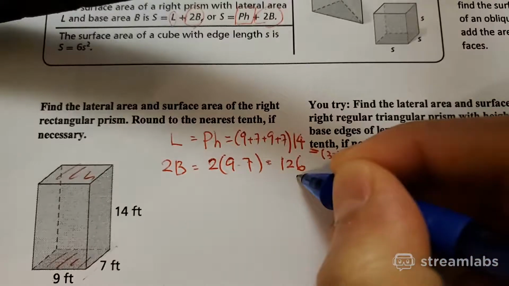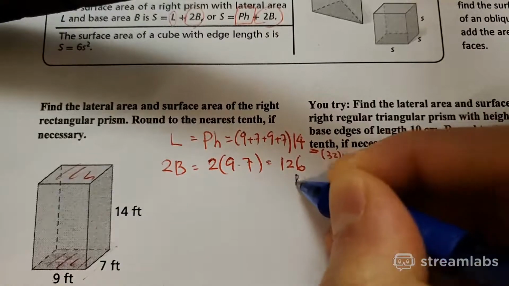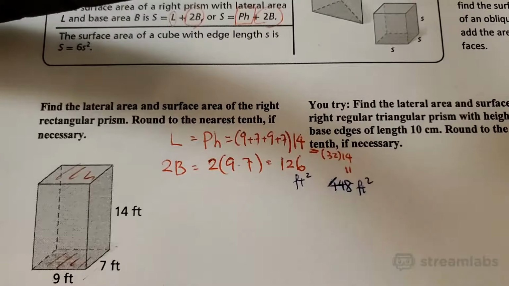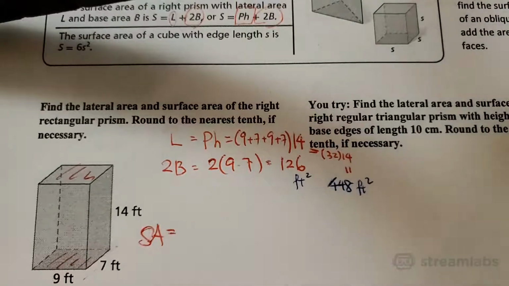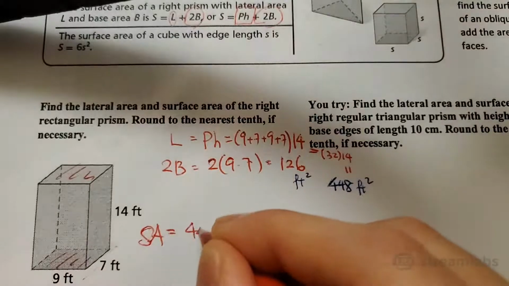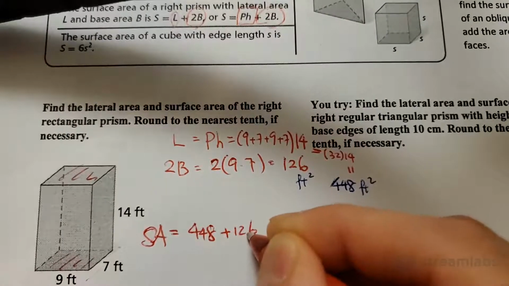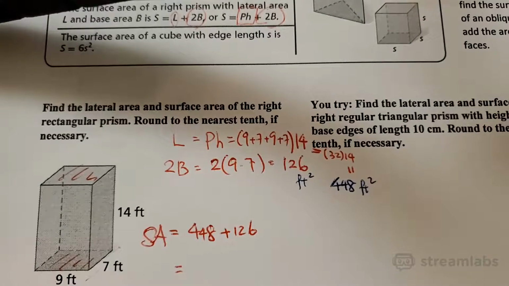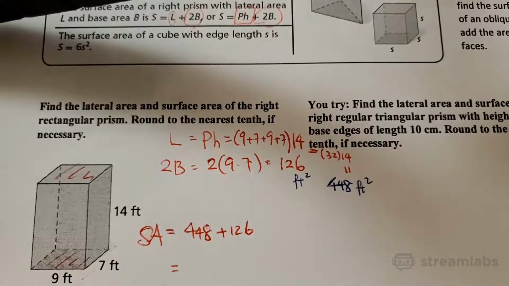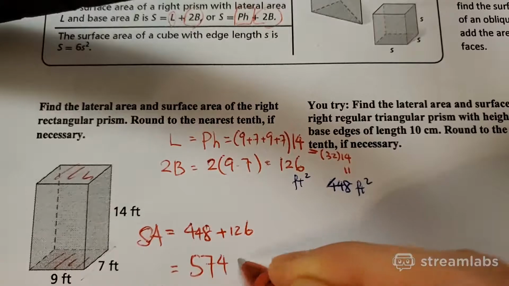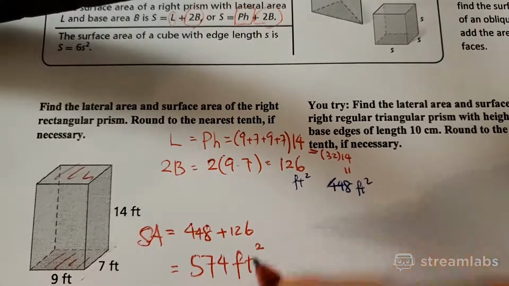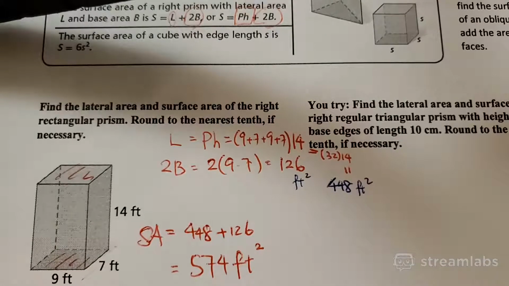These are in feet squared because we're doing area. Then you add them up. Surface area A is equal to 448 plus 126, which gives you 574 feet squared.